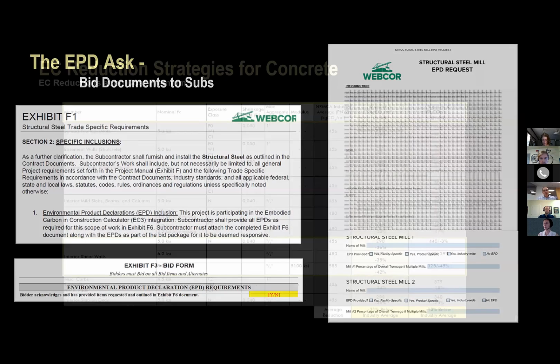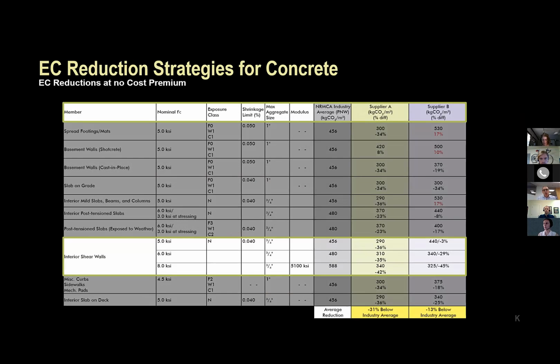When that happens, on the project I was just showing you, this is data from a project in Seattle, not necessarily in LA, but a very similar story is coming out. Performance-based mix criteria, minimal criteria, just what we needed. Ask the suppliers to give EPDs for each of those mixes and compete them against each other.